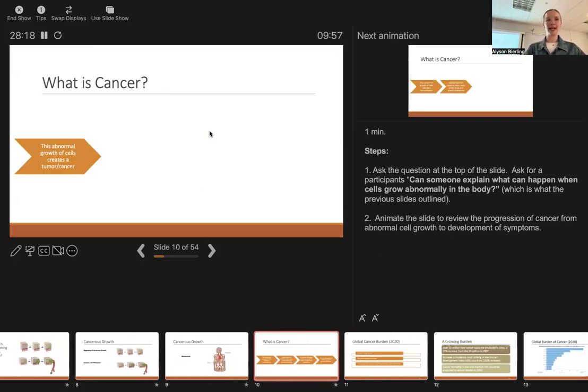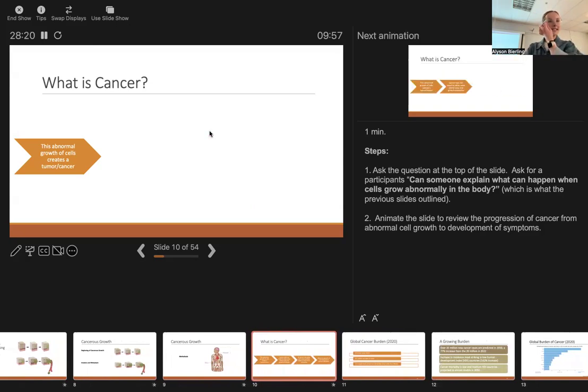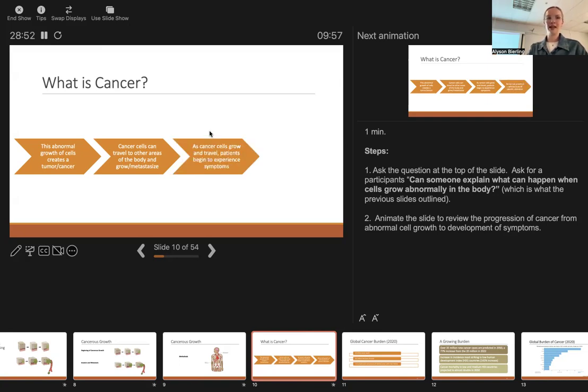All right, so to summarize, what is cancer? We have damaged cells that evade the normal checks and balances in our body. Then there's an abnormal growth of those cells that creates a tumor or a cancer. These cancer cells can then travel to other areas of the body, continue to grow and further metastasize in those parts of the body.